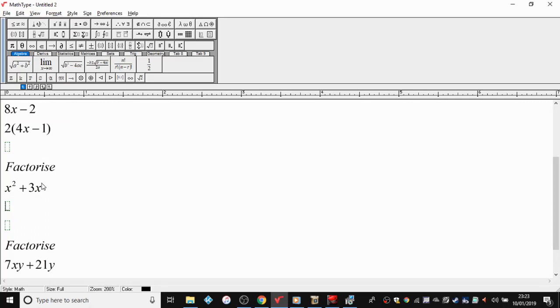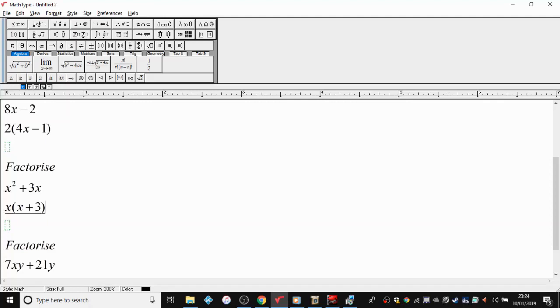Therefore, you take the x out of both of these terms. What would you multiply x by to get x squared, and what would you multiply x by to get 3x? You'd multiply by 3. Therefore, x squared plus 3x factorizes to x, bracket x plus 3, close bracket.